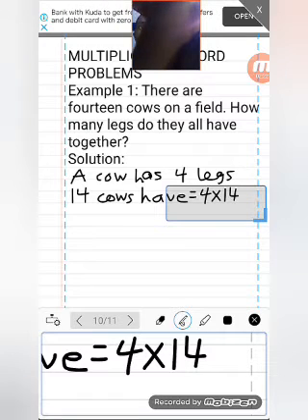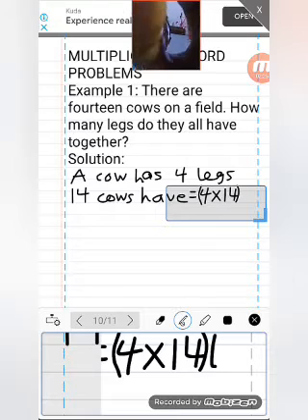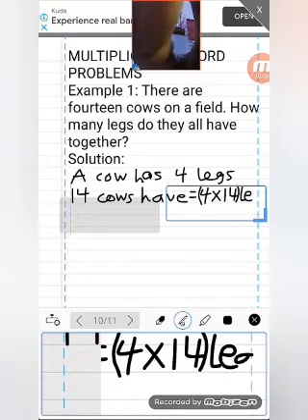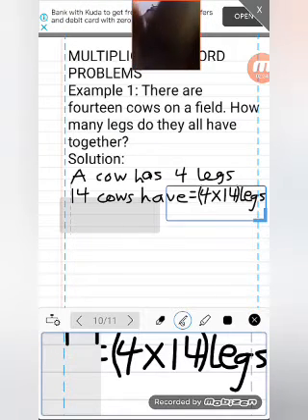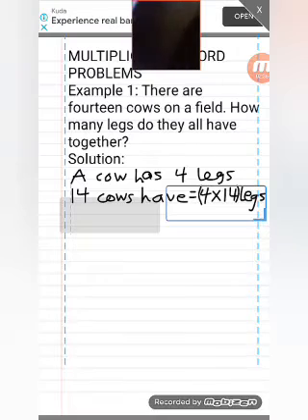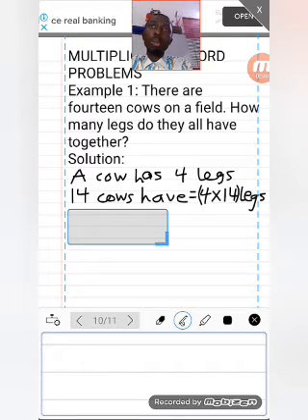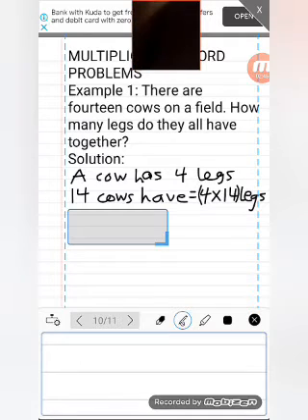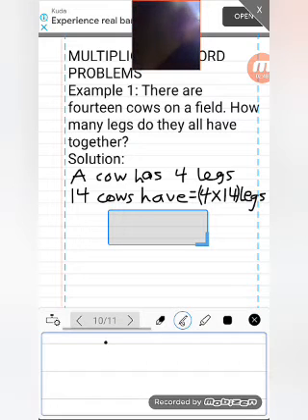Put the legs. Four times 14 legs. So that is 4 in 14 places. 4 is for a cow, and 14 places for 14 cows. So 4 times 14. So let's arrange like we have learned.